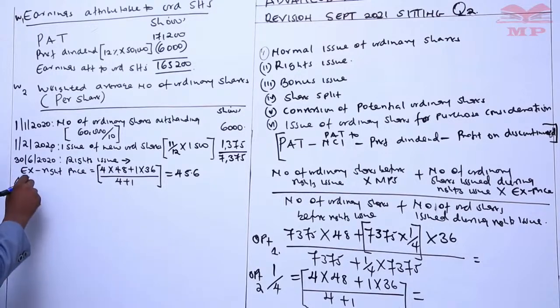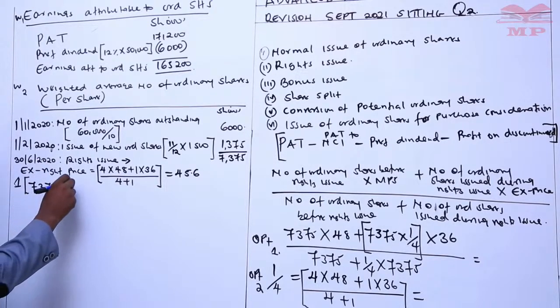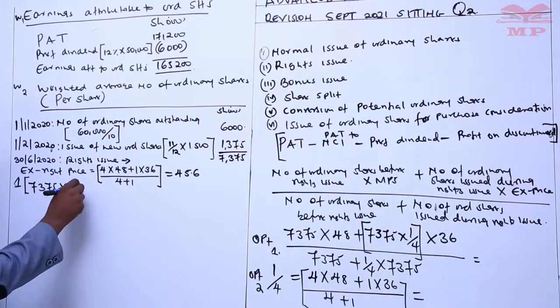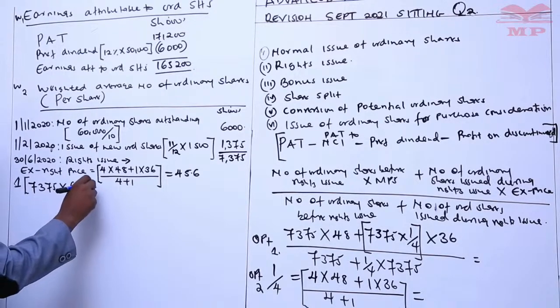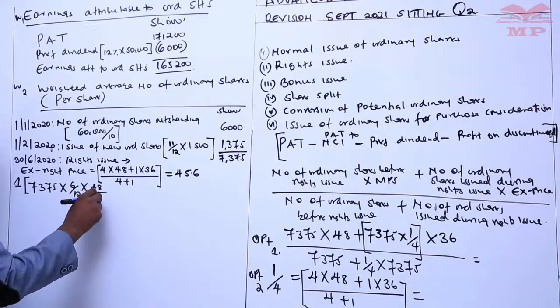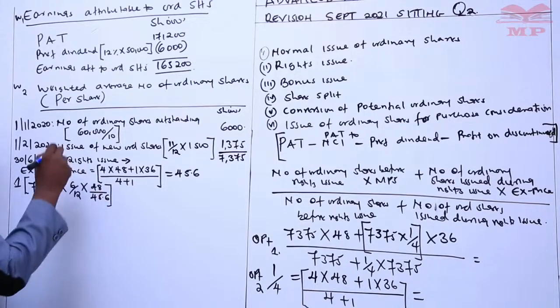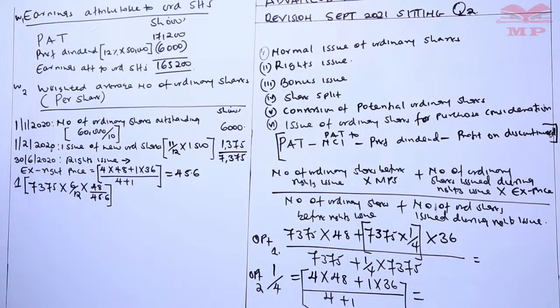We use the number of shares before rights issue, 73.75 times 6/12 times the cum-rights price over ex-rights price. That is the first step.